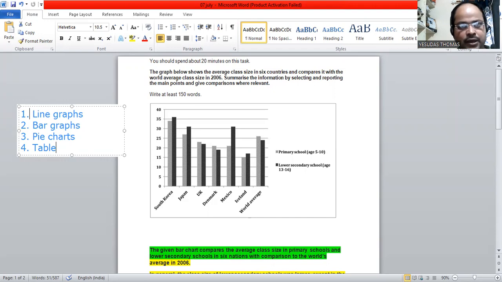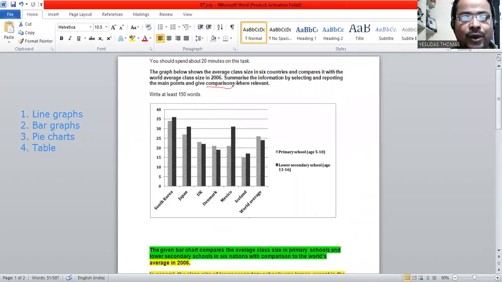So when we look into the answer, we expect comparisons. That's what we have in our question: give comparisons. So you need to summarize the information.